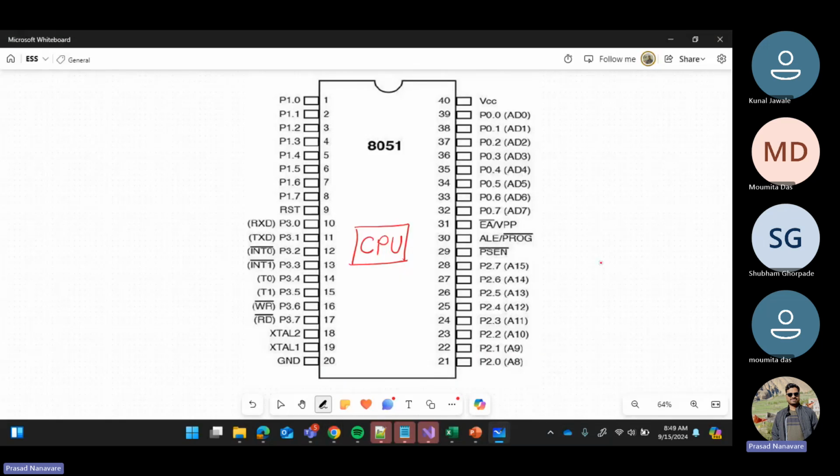XTAL1 and XTAL2 के बारे में डाउट आया है, so let me clarify that. So ये दो पिंस है। अभी I'm giving you relation why we need clock and why need that.